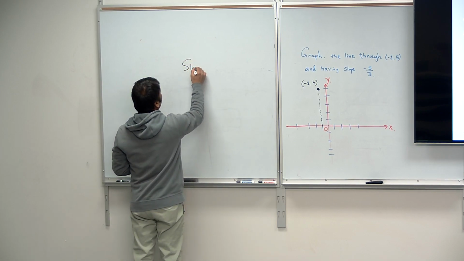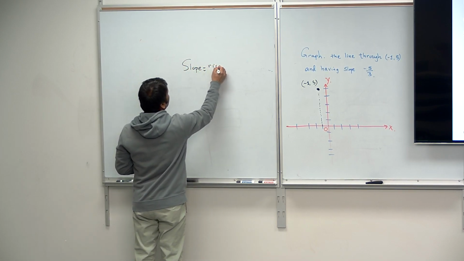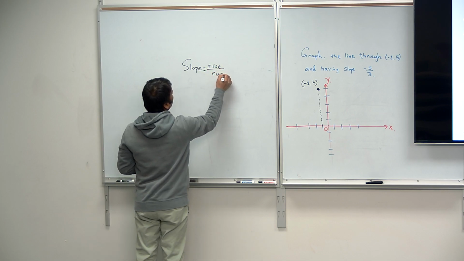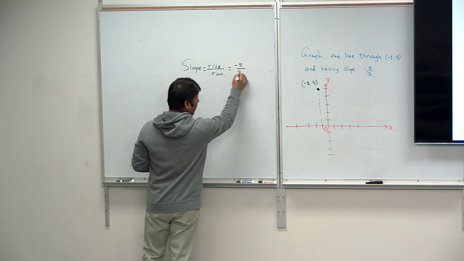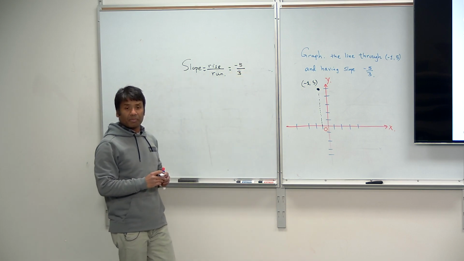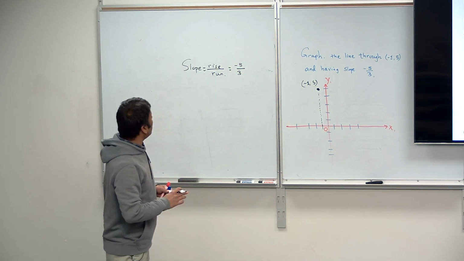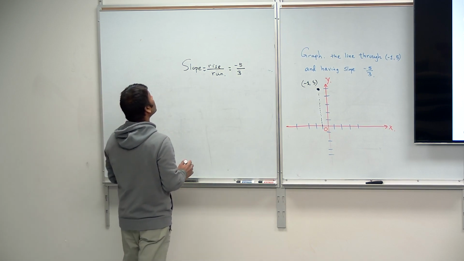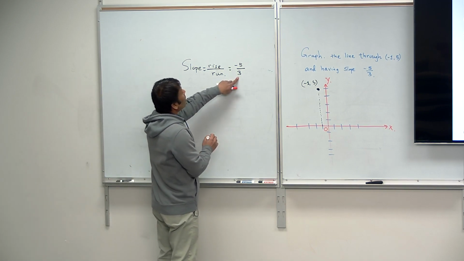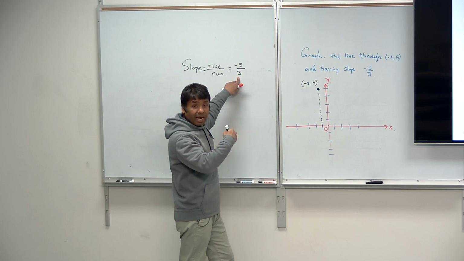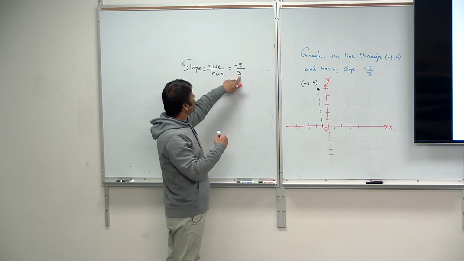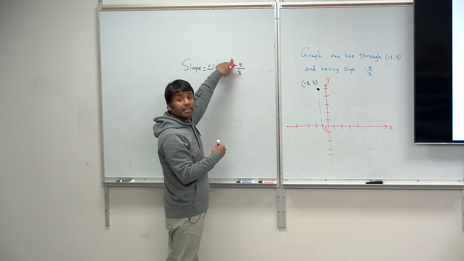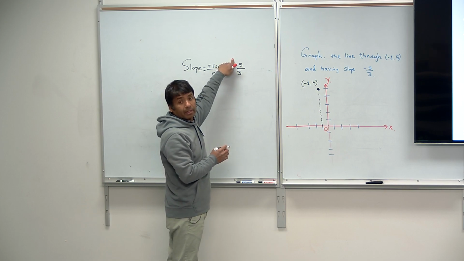You know the slope is rise over run, and this is negative 5 over 3. So this is your run. Run is the what? Horizontal distance. And this is the change in the what? Vertical distance.